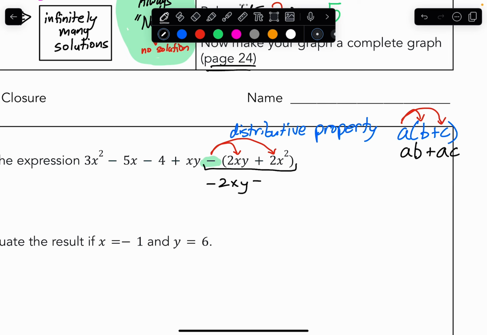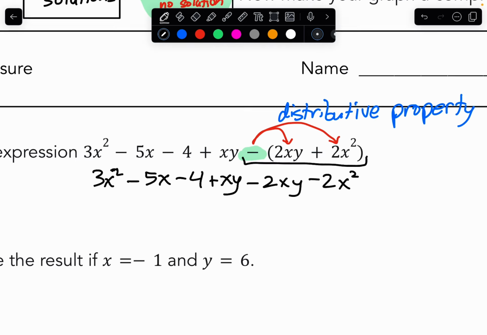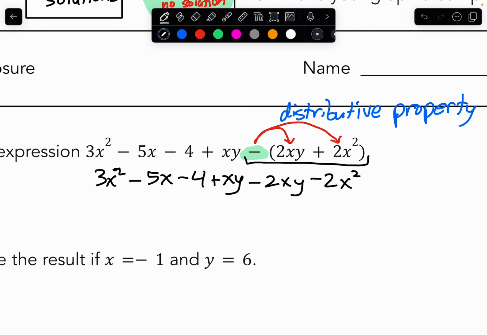And then a negative times a positive is -2x squared. And then everything else just needs to stay the same. So since I have the same thing here, 3x squared stays the same. -5x. I'm going to write it carefully because I don't want to write this incorrectly at such an important step here with so many terms.